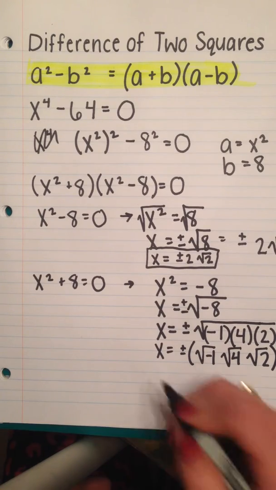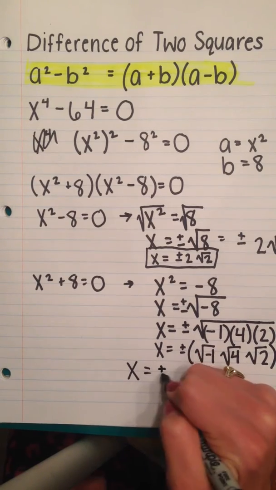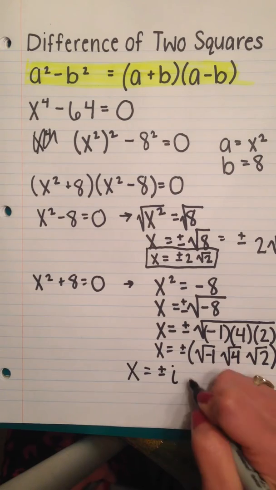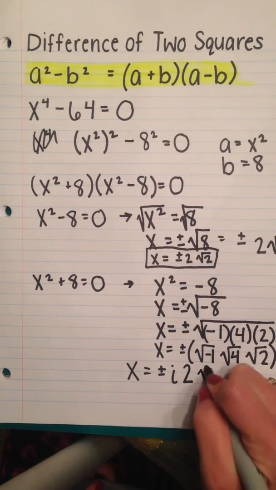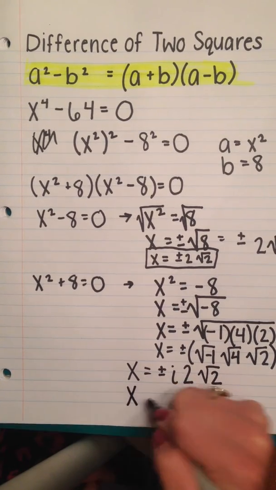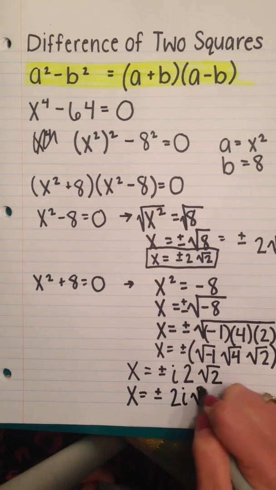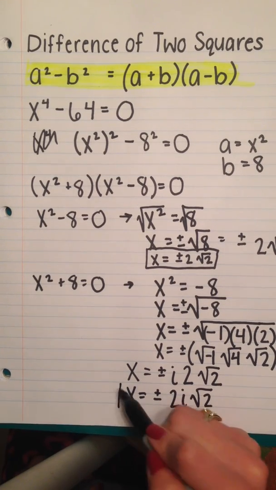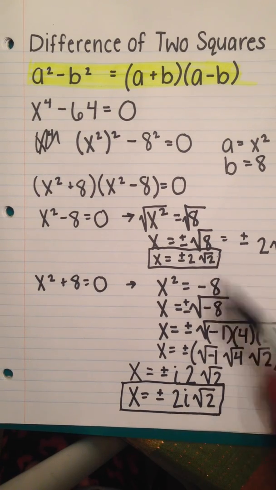Now, we know that square root of negative 1 is i, so we can rewrite this as i. Square root of 4 is 2, and square root of 2 is just simply square root of 2. Now, just to make this look a little nicer, we have x equals plus or minus 2i square root of 2. And those are our second two solutions. And we're done.